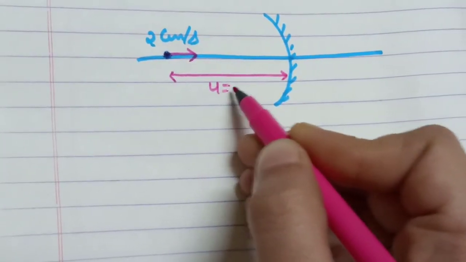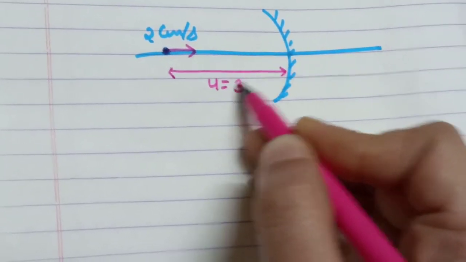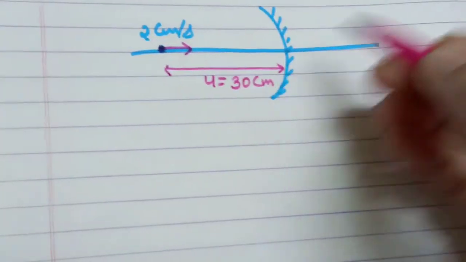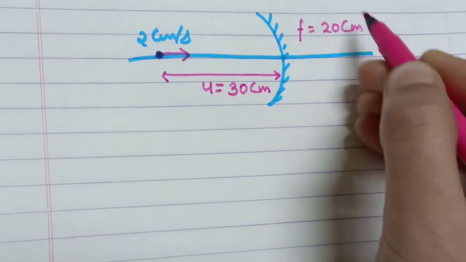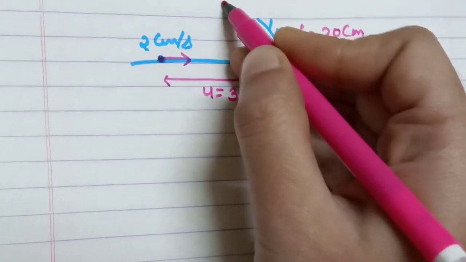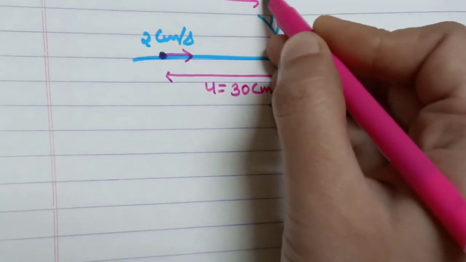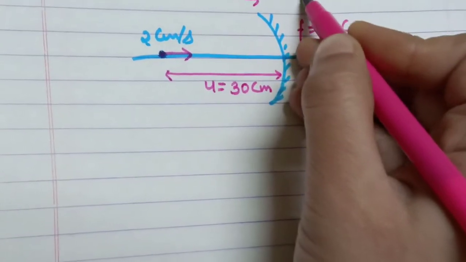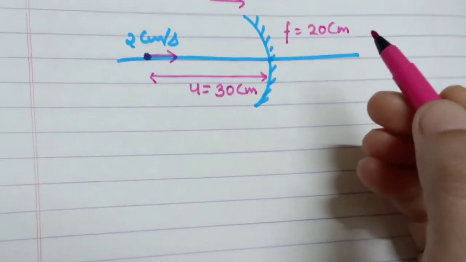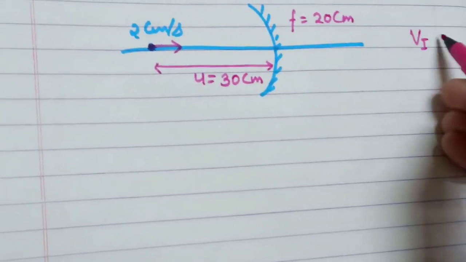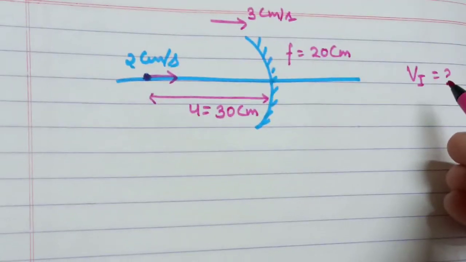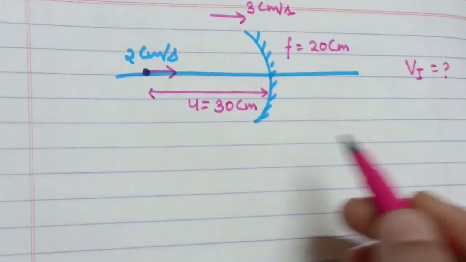The value of u is 30 centimeter. Focal length is 20 centimeter. The mirror moves with the speed of 3 centimeter per second. Okay, find the velocity of image. Vi is equal to question mark. Okay, this is the condition.